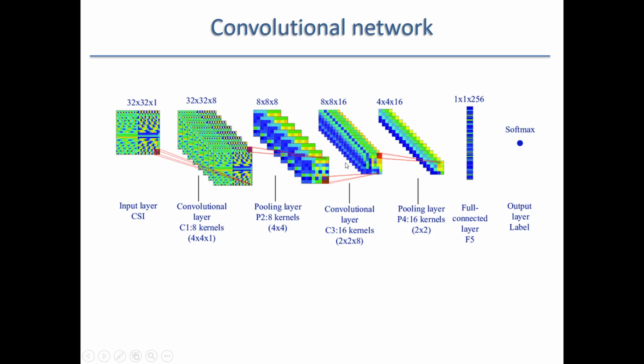So the next layer is a pooling layer that we will see later, but this pooling makes these images smaller. And then you have smaller images, and you can do the same. So now I can learn 16 kernels of size 2 times 2, which is equivalent to this 4 times 4.